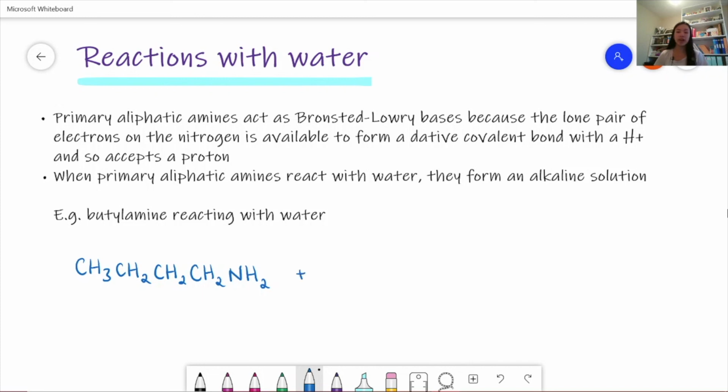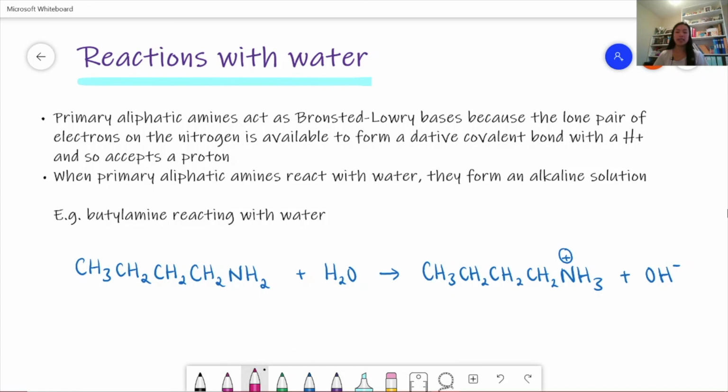And so when we react this with water, what we get is the H+ of water being attracted to the lone pair of electrons on the nitrogen. And so we form CH3, CH2, CH2, CH2, and then NH3, and then OH-, and this will be a positive ion.